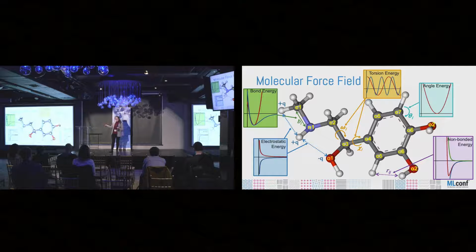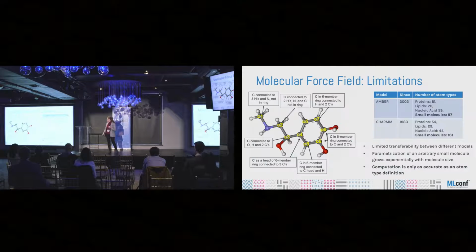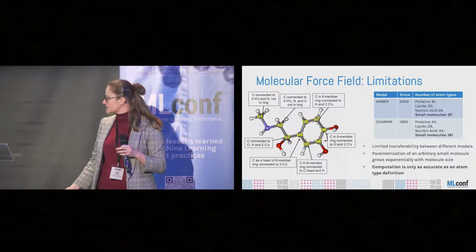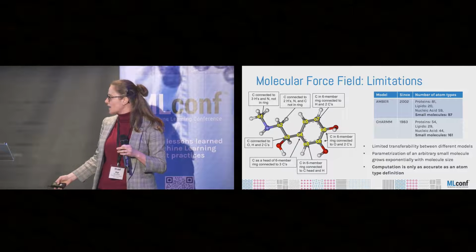Now think about it. You have several terms at least, not counting many other terms that will make your potential more accurate. On top of this, you might have different atomic environments, and as a result, different atom types. The parameterization problem can become really unfeasible. Just to prove it to you, you can see on this slide that these are only one carbon atom.